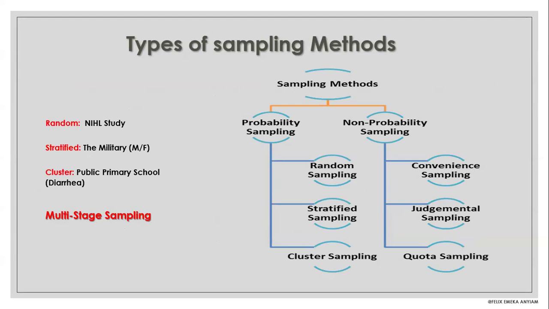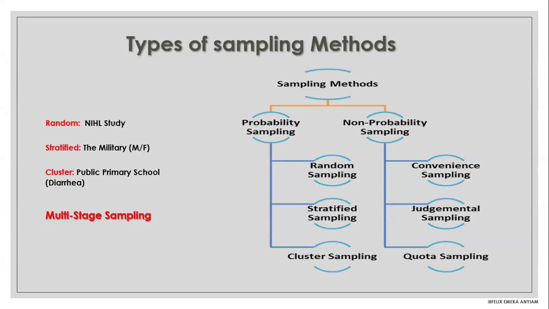So you follow a sampling method. Sometimes it could be random sampling, where you have a sampling frame of the list of all the participants that you want to interview, and you randomly pick the number you need.